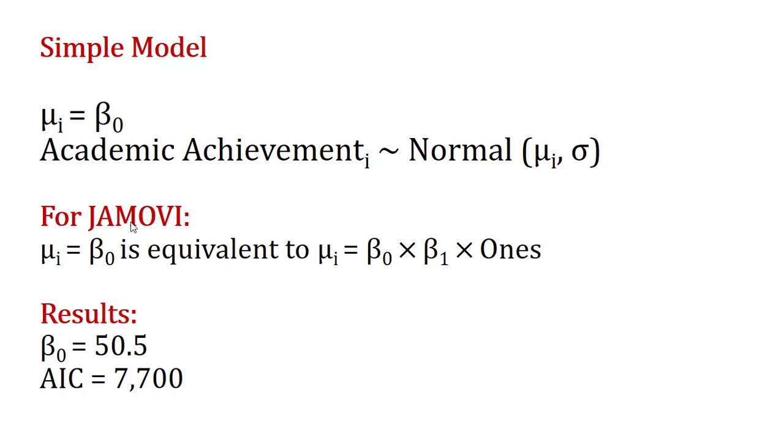So the value of academic achievement for each participant is normally distributed with a mean of mu i, which is one per participant, and one standard deviation sigma, which is only one for the whole sample.